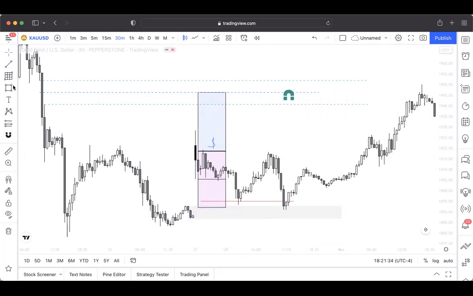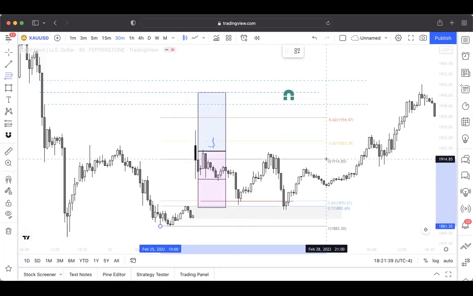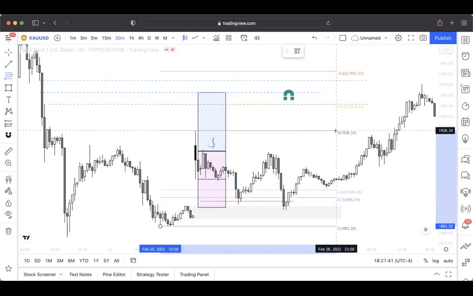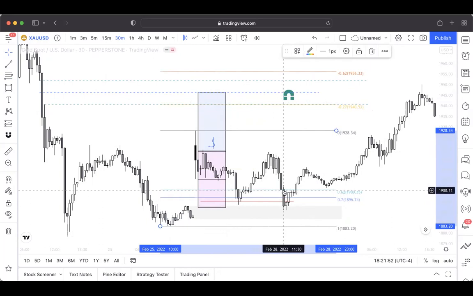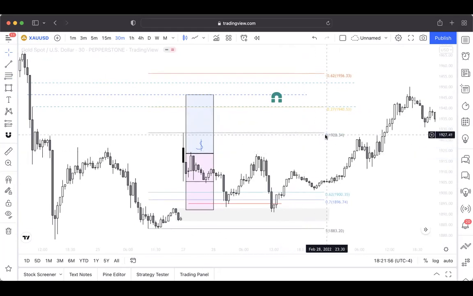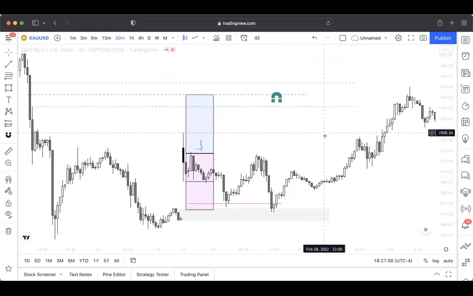Obviously here, if you pull the fib, it's sort of just below, but it doesn't matter. It's still working. So you can even take the trade here on the 62, a little bit of drawdown, bigger stop loss, but many times it's better to just know where the market is going instead of getting the most accurate entry.